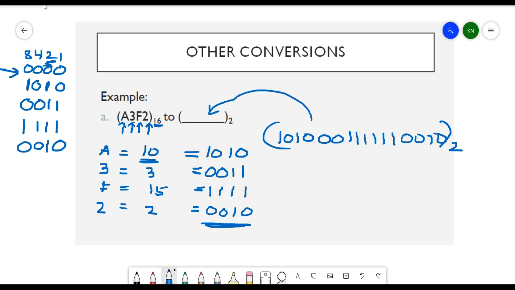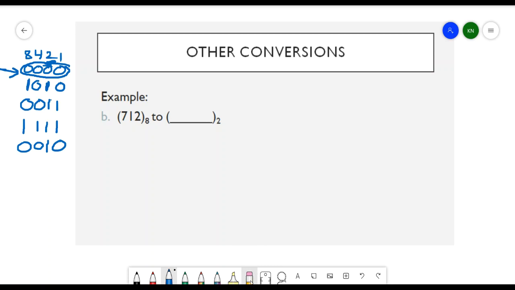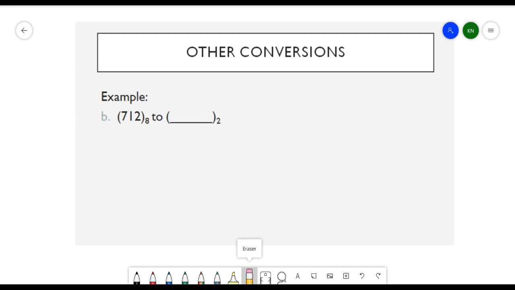Okay, so you just have to find again each digit. You need to find the value of the binary of each digit. If it's hexadecimal, or base 16, you will use 4 bits of binary. But if it's octal, and we need to convert that into binary, we will be using 3 bits, meaning to say there are only 3 zeros here.